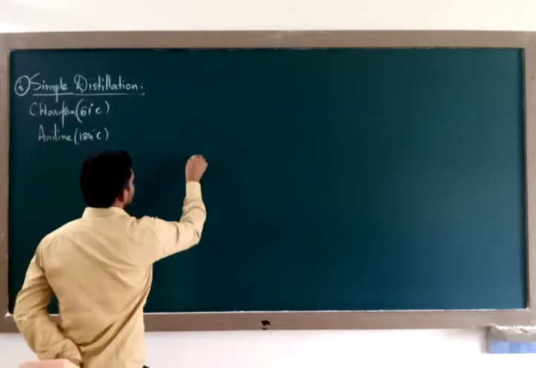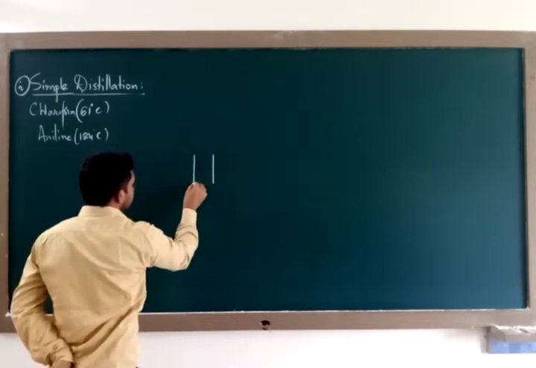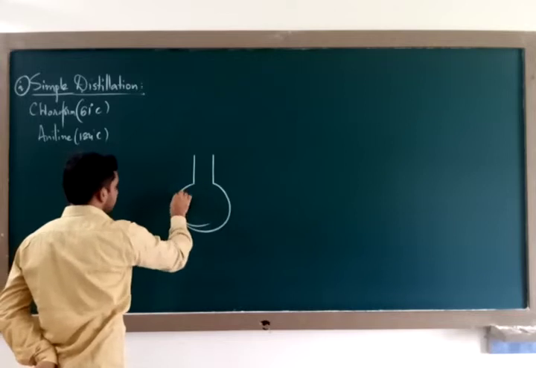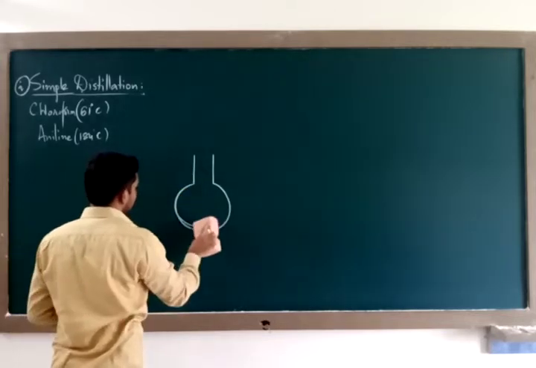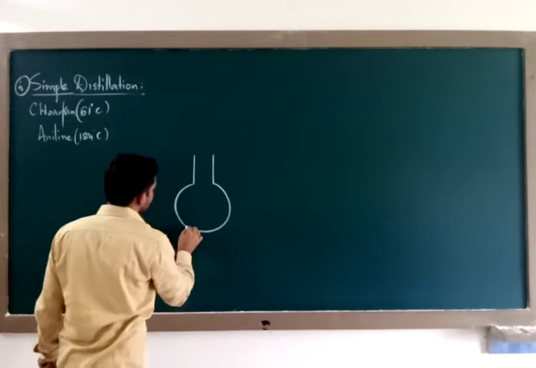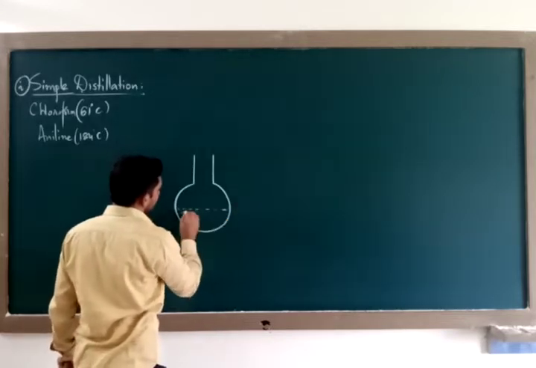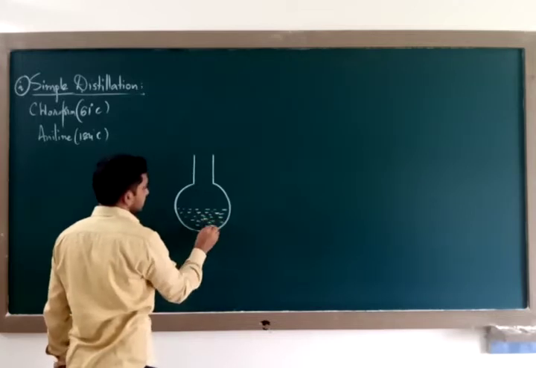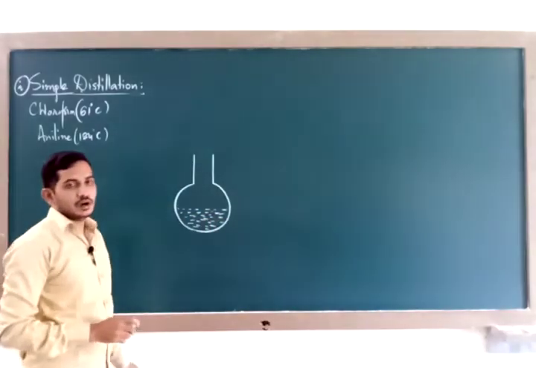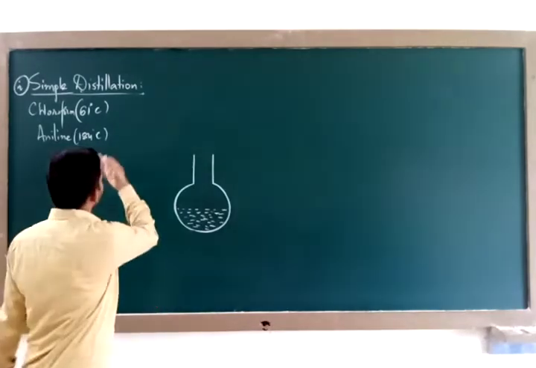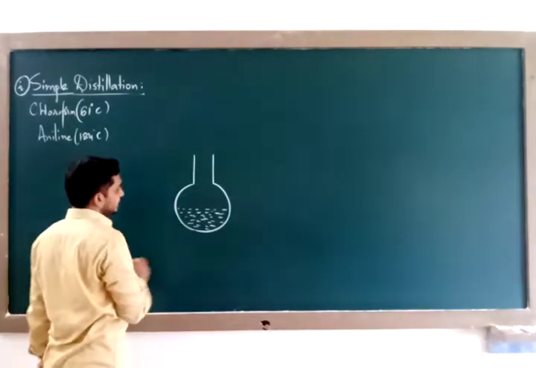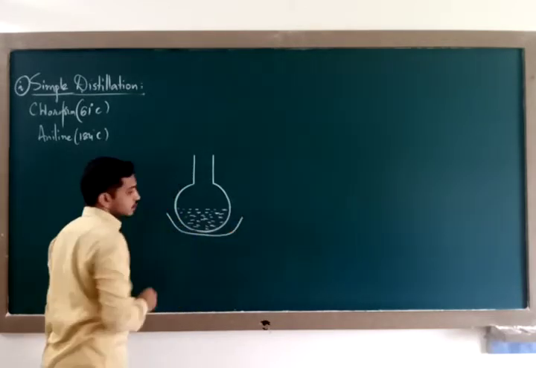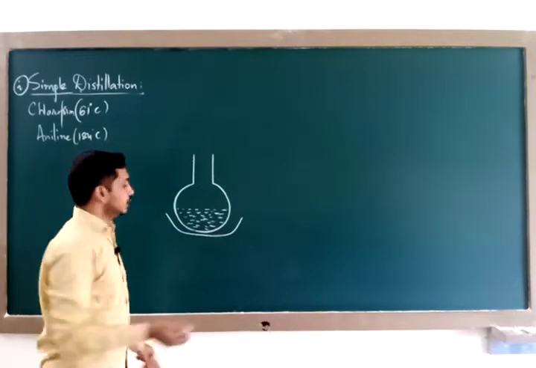In the first step, you take a round bottomed flask into which the organic liquid mixture is present. So you have a mixture of organic liquids like chloroform and aniline. Then depending on their nature, you use either a sand bath or a water bath.